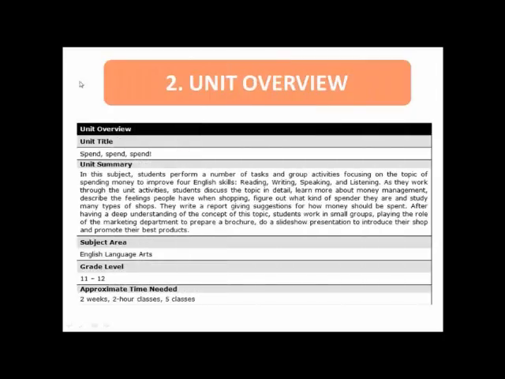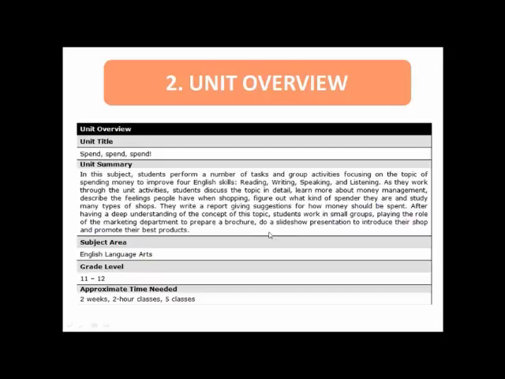Okay, so we've moved to my unit overview. Here, this is my unit overview, which I prepared to teach Unit 11. So let me summarize my unit. In this subject, students perform a number of tasks and group activities, focusing on the topic of spending money to improve 4 English skills: reading, writing, speaking, and listening.